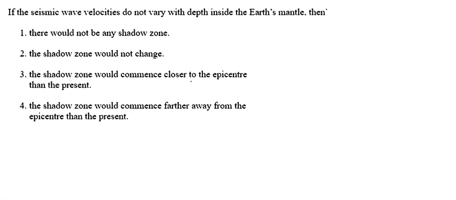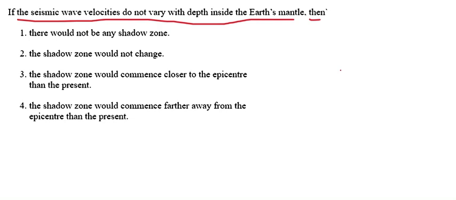The next question is, if the seismic wave velocities do not vary with depth inside the Earth's mantle, then what is going to happen? Within the mantle, the simple answer to this question is, if the velocities are not varied, it means the material is the same.